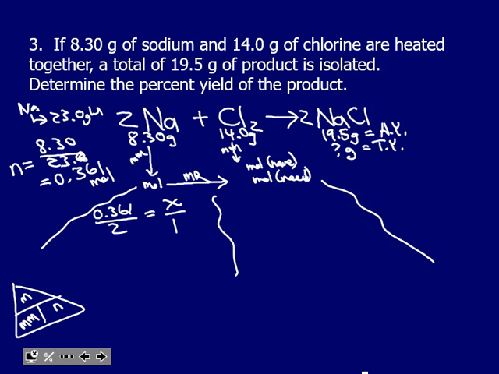So again, my calculator's got that number right there. All I have to do is a quick calculation. I keep those numbers in my calculator. That's 35.5 times 2, so that's 71.0.